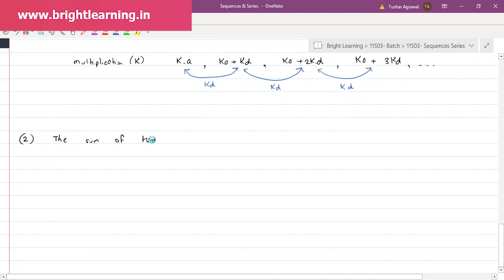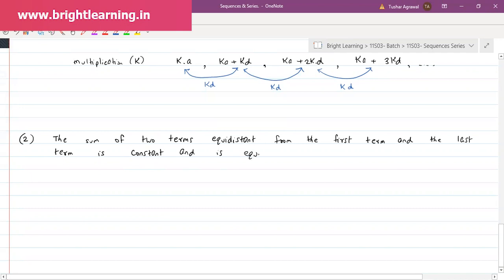The sum of two terms equidistant from the first term and the last term is the same, is constant, and is equal to the sum of the first and last term.